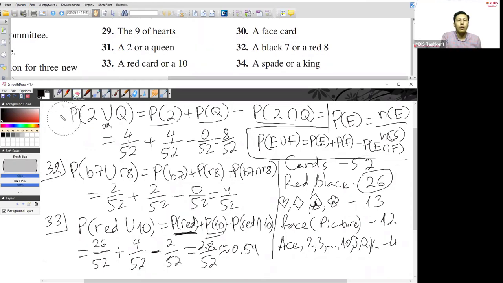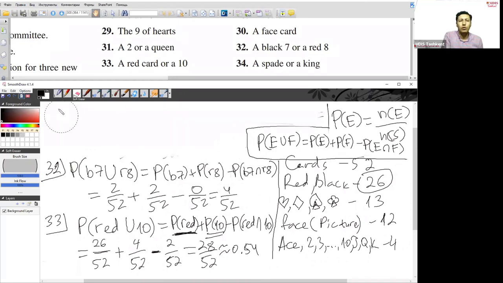Okay, so I will clean this one and write down number 4. Spade or a king.